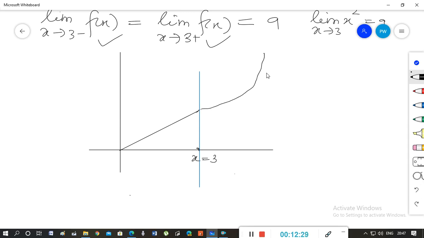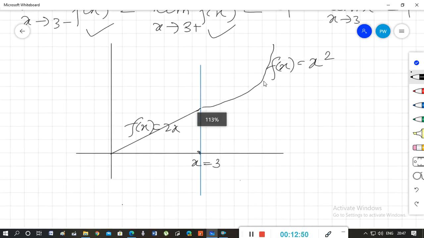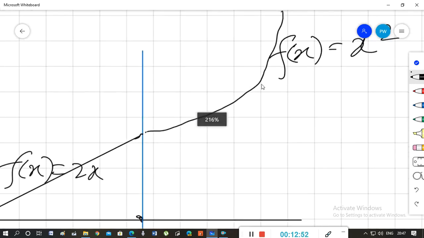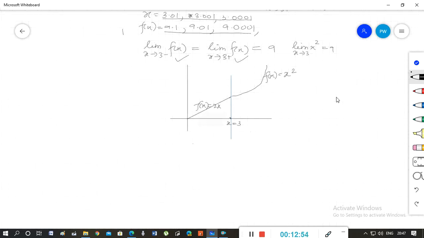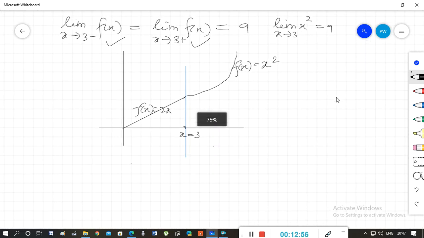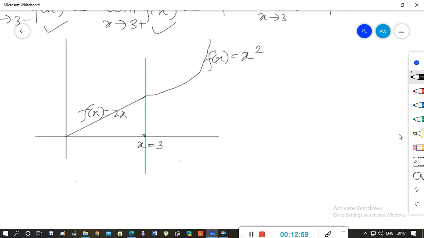So here I'll say f of x is equal to x square, and there, f of x to the left I'll take as 2x. This may not look good. Oh, it got zoomed, not needed. It went too bad. 100% was our style, so let's stay with it. You can choose this.